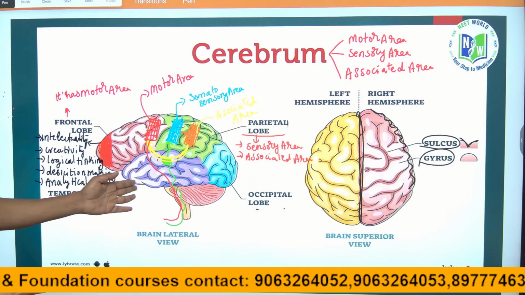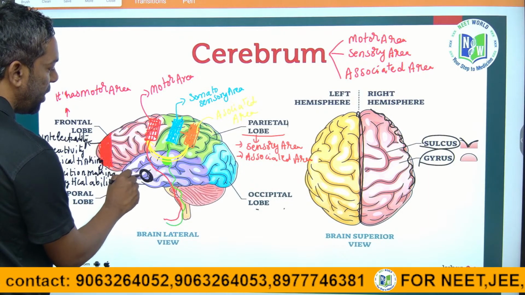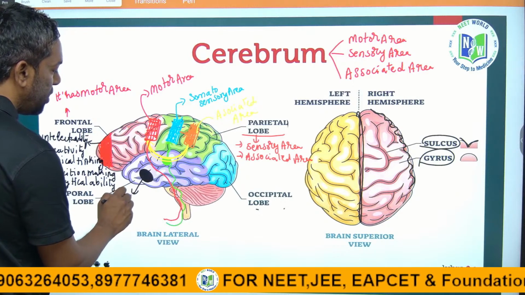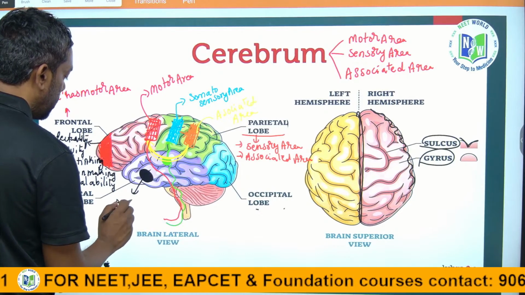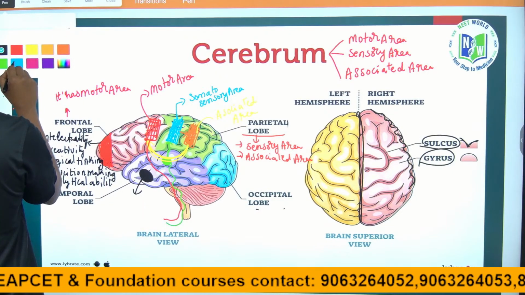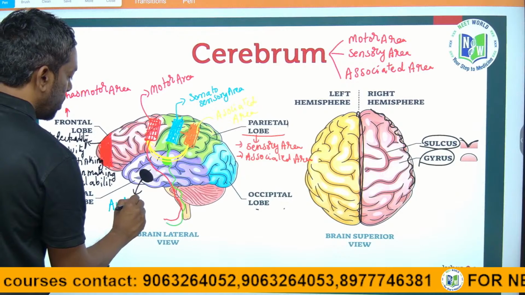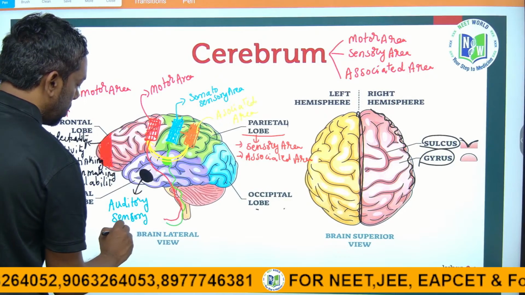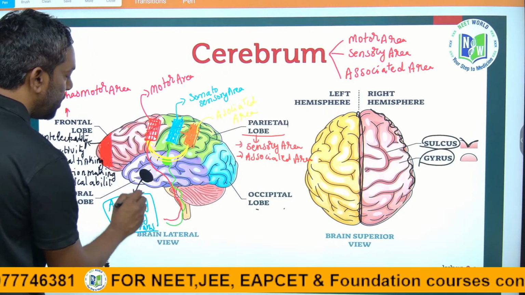Now this is the temporal lobe. Auditory sensory neurons are there in the temporal lobe.